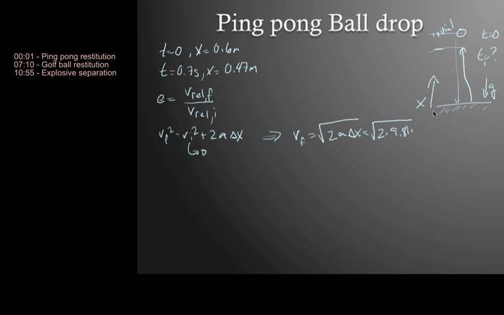So delta x is negative and g is negative because it's pointing down. You see our delta x is pointing down too. So those two cancel each other. So here's our 0.6 meters. And so we end up with a velocity of 3.43 meters per second.